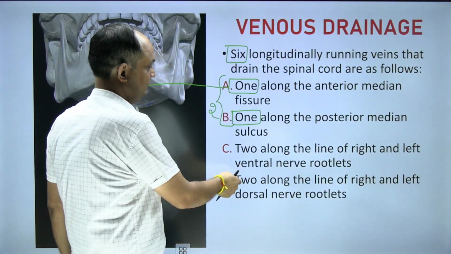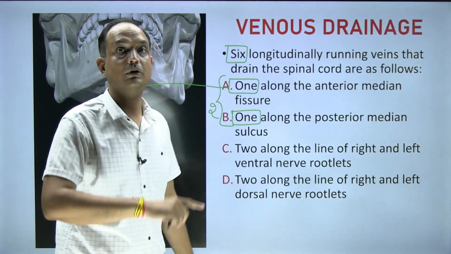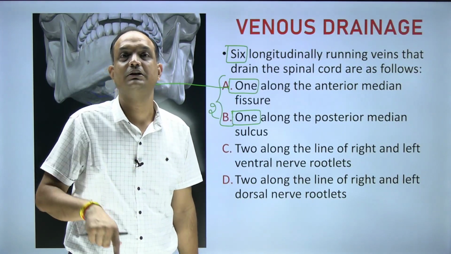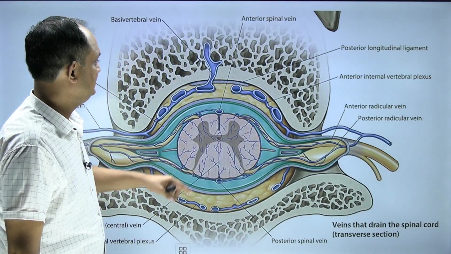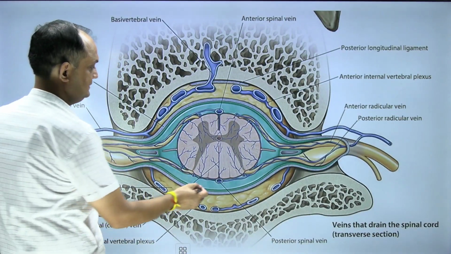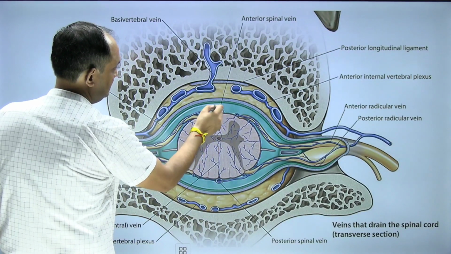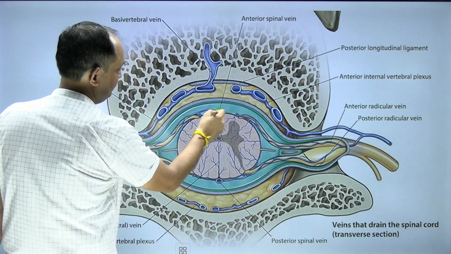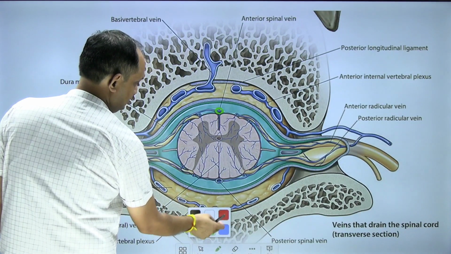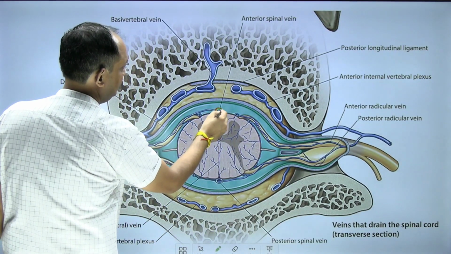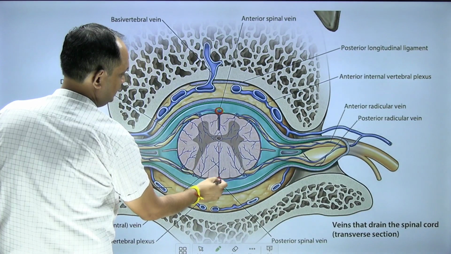In this way you will find 2 plus 2 plus 2, 6 longitudinal venous channels present all around the spinal cord. Now in this image, this is your ventral surface. You will find this is the one vein. Now, where is the vein? If you see the veins, this is the one vein present anteriorly, this is present posteriorly.